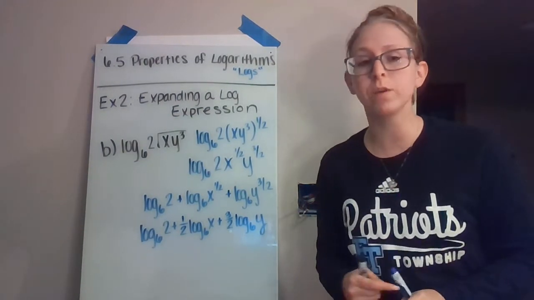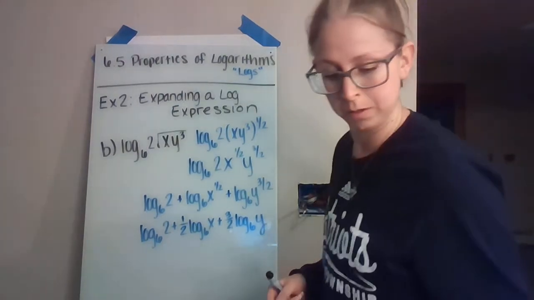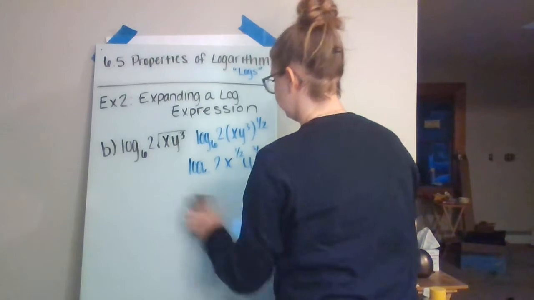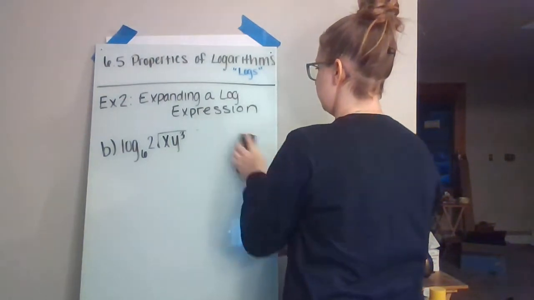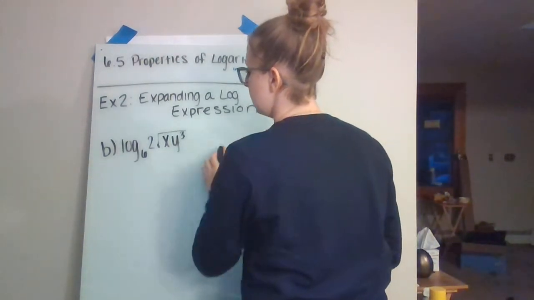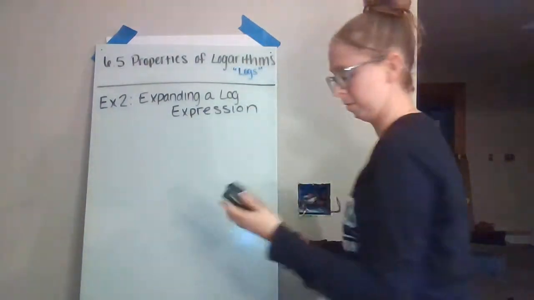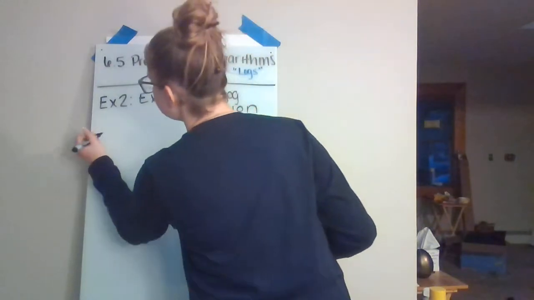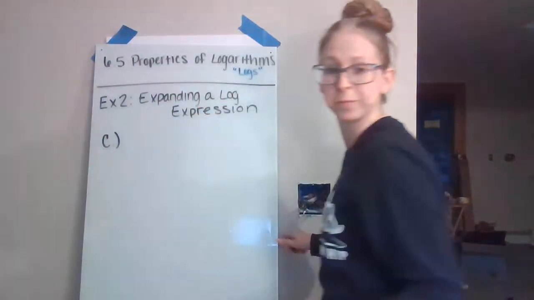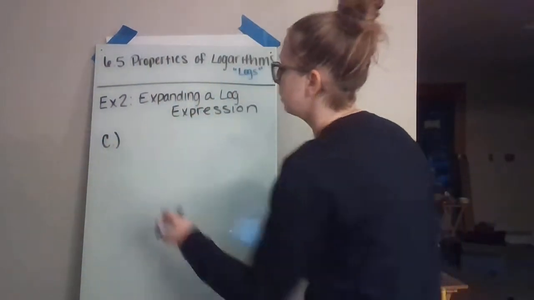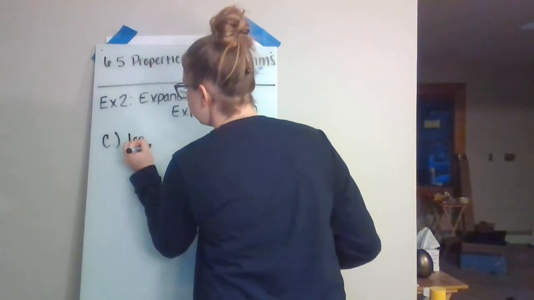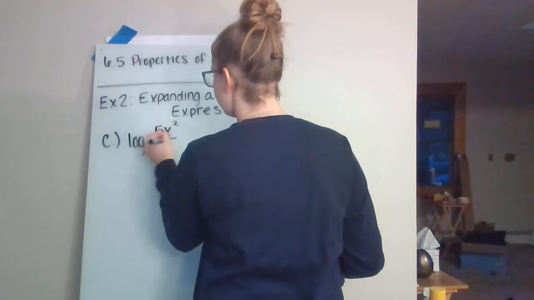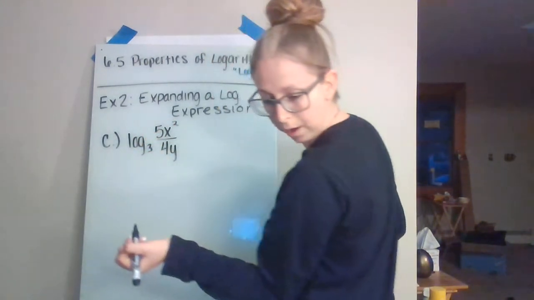Okay, we got one more of those and then we'll go to condensing. Okay, so we got log base 3 of 5x squared over 4y.